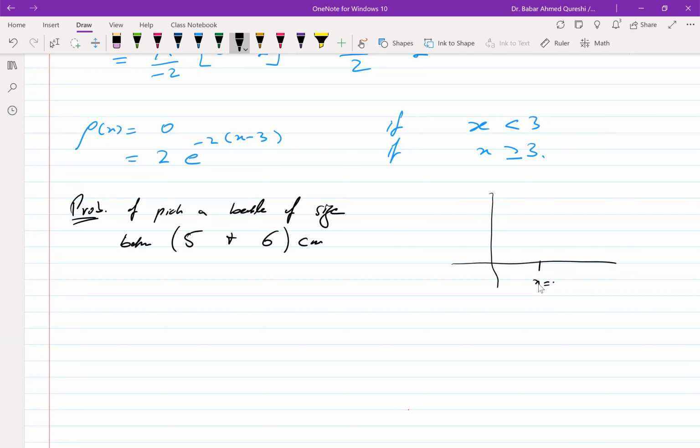This is x equal to 3. This is the probability distribution. I'm picking this 5 and 6 and saying any beetle between this size. What is the probability? It's just summing all these strips, so it's all this area. So that probability is integrating this probability distribution between 5 and 6.